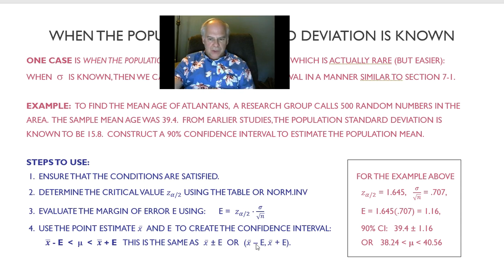So you just go x bar minus E and x bar plus E to find the two ends of the interval. That's what I did here: 39.4 plus or minus 1.16 gave us a low estimate of 38.24 and an upper end of 40.56. So we are 90% confident that the true average age of Atlantans is between those values.